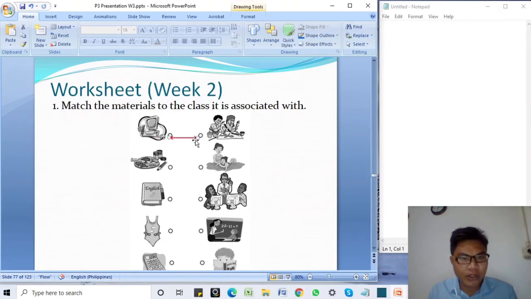So what you're going to do is match by connecting the dots with a line. Computer to computer class. Okay? So you have to answer the rest of these items, 1, 2, 3, 4, and match them to these classes. Okay?